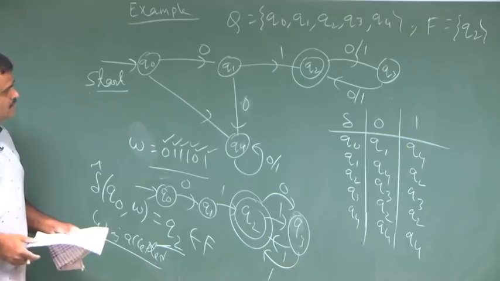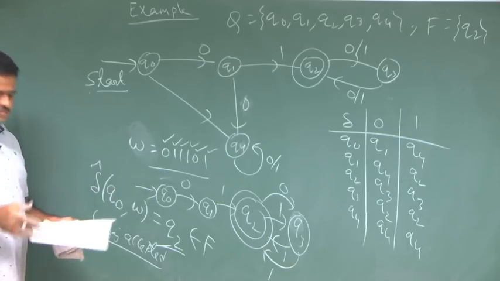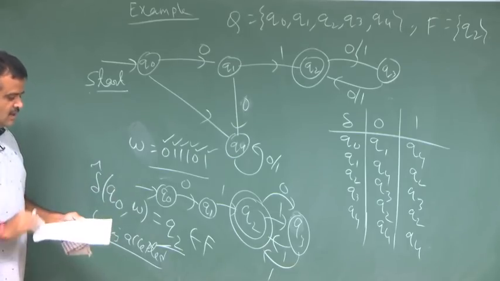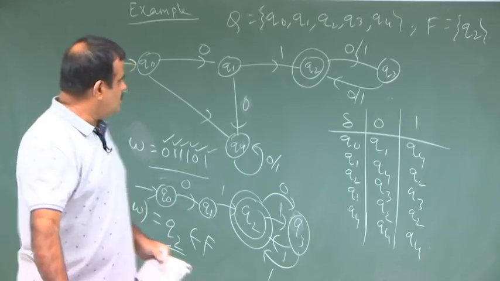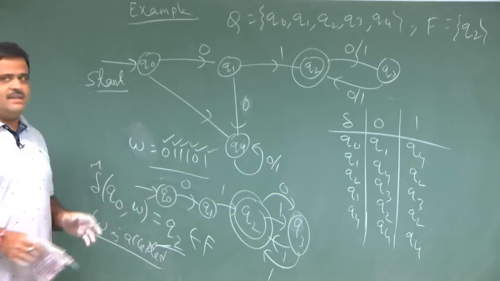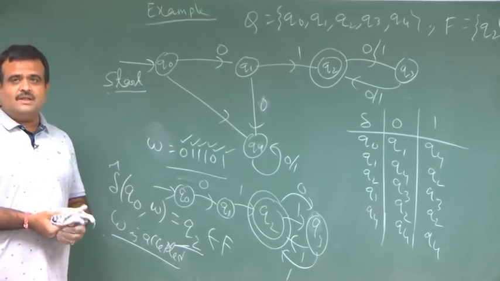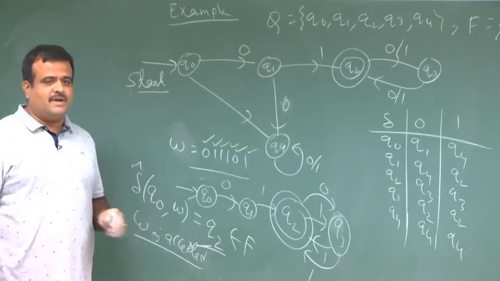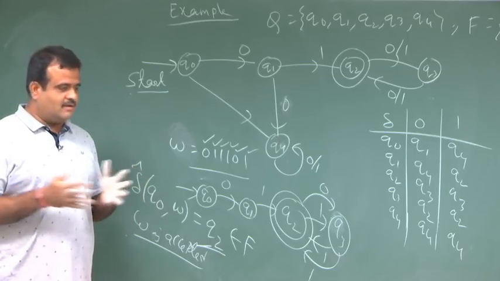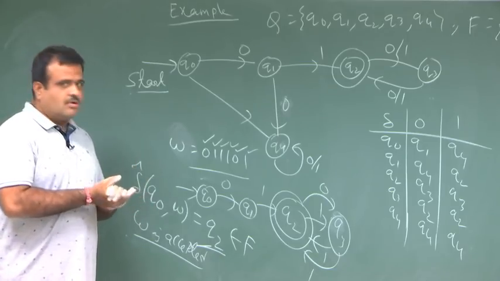We can try to have a general rule for how this is accepting. In the next class we will discuss more on this, and we will formally define what a regular language is. A regular language is a language which is accepted by a finite automata. So, we will talk about this in the next class.